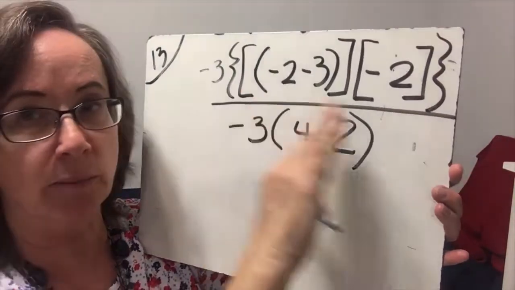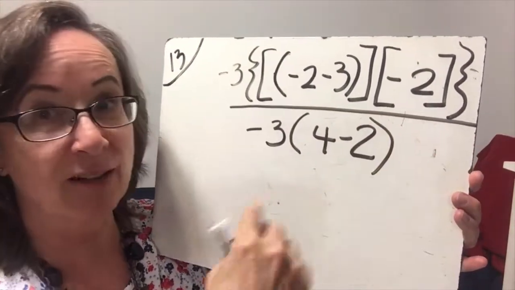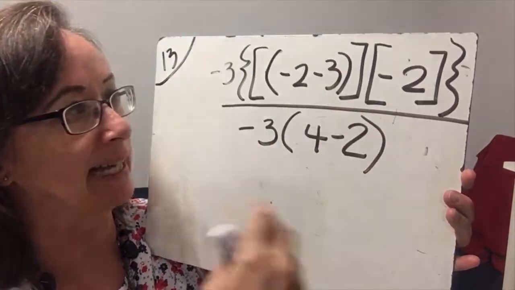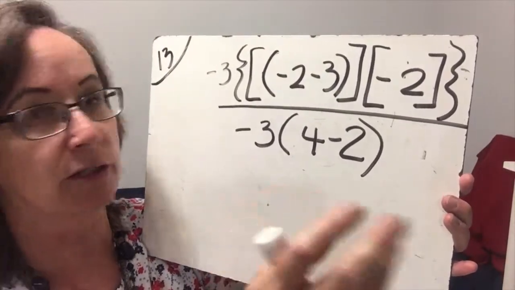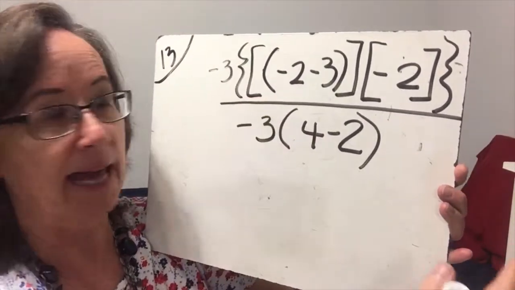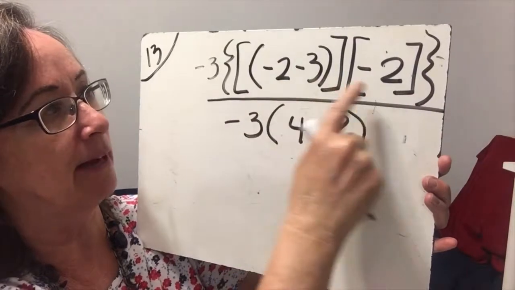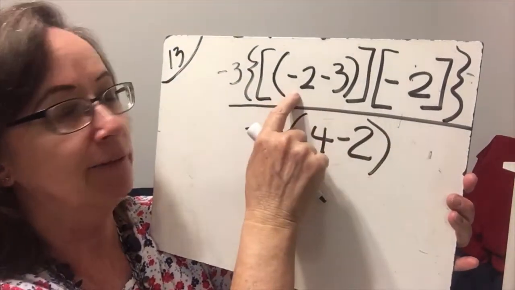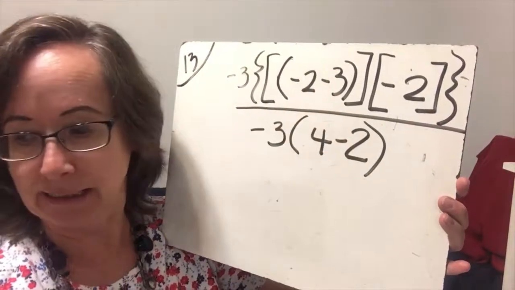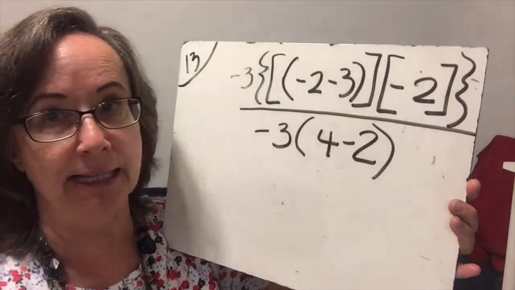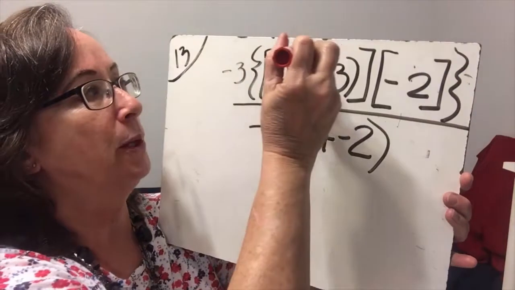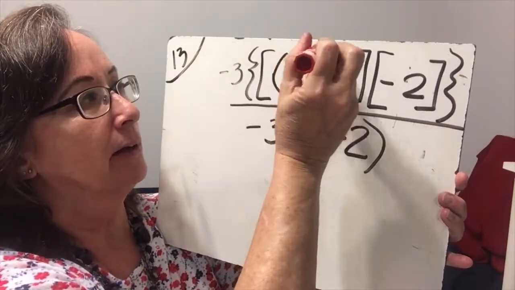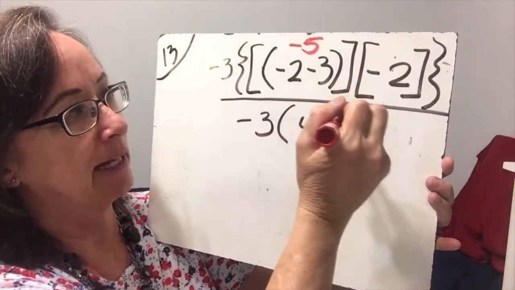So remember, we're always going to move left to right, but if they are stacked to where we have parentheses inside of parentheses, then we're going to do them in to out. But notice that this one is on the left and this one is on the right, so we can do them left to right. -2 minus 3 is a -5. So I'm just going to put a -5 right here, and then we have the -2.